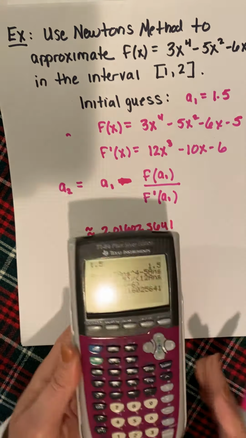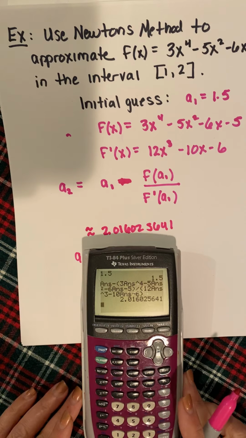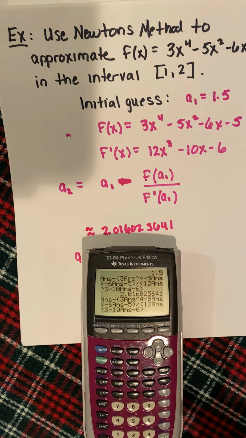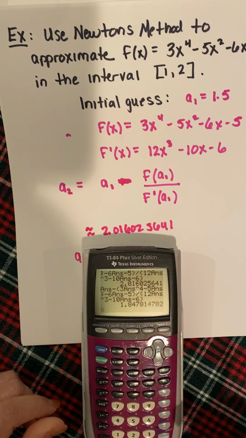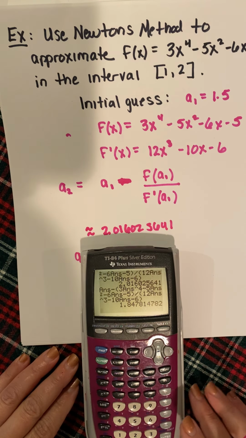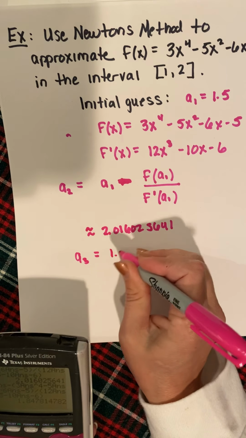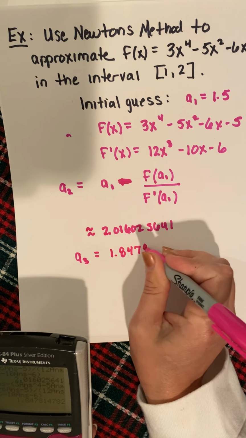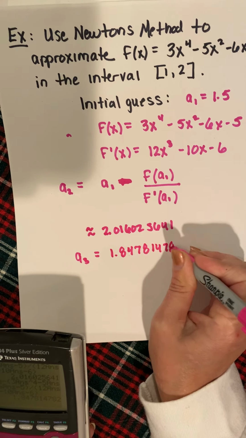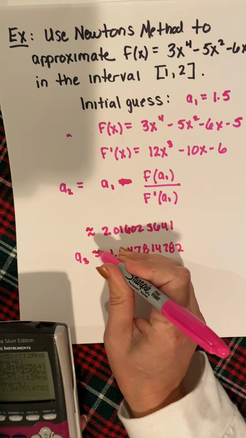Once this is in your calculator, I hit second enter. As long as you did that correctly, it's going to pop that whole long number in there. And I get my third approximation is approximately 1.8478147882.